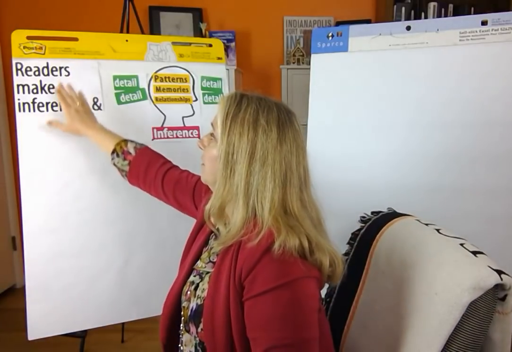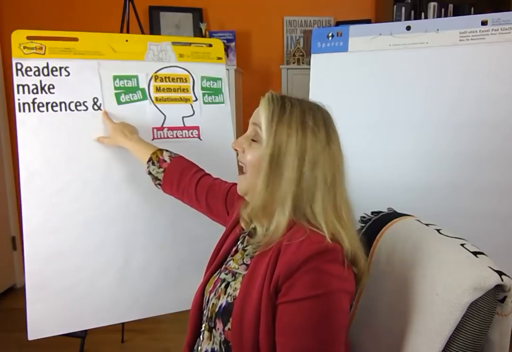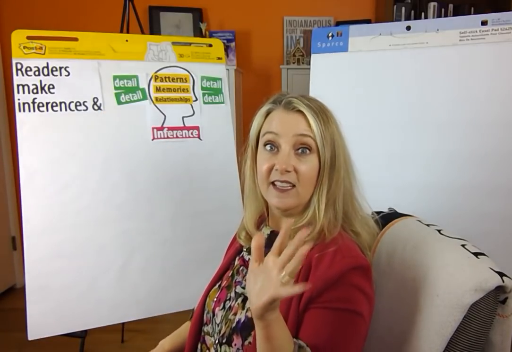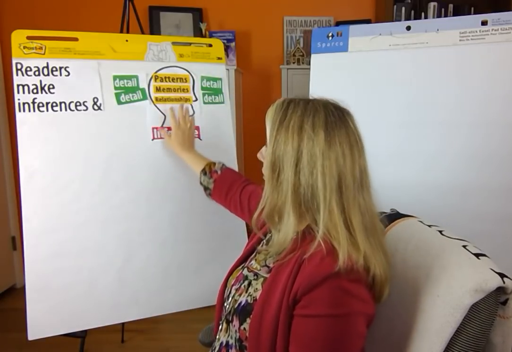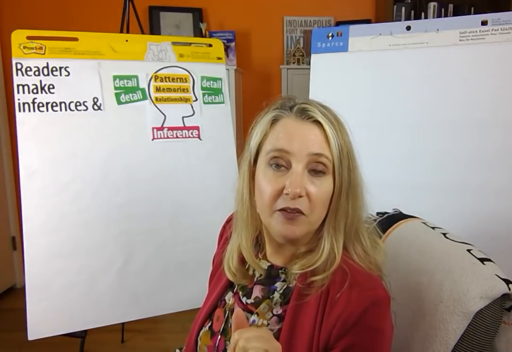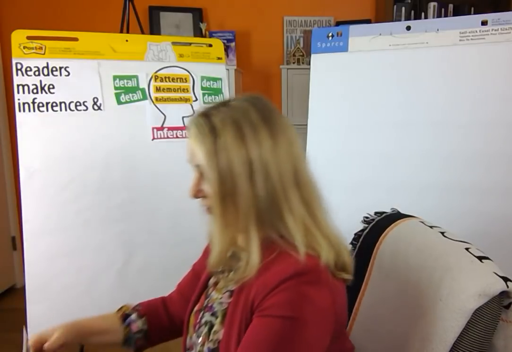So readers make inferences. We've been talking about that. And there's an "and" to it. What? See, we collect the details, have the thoughts, have the inference, and then after we do that, we write about it.